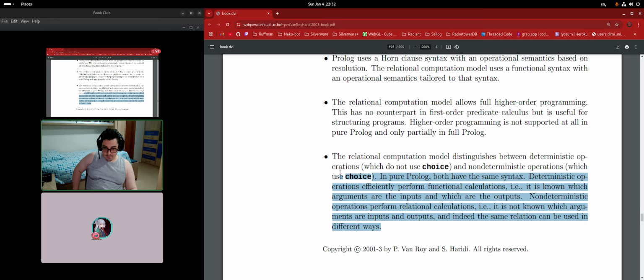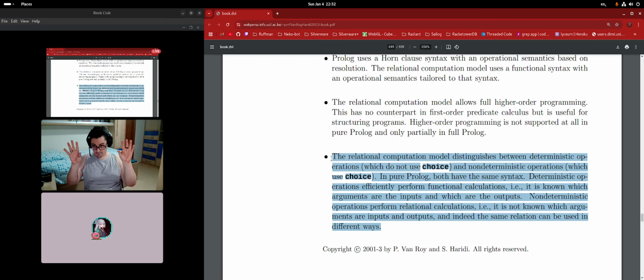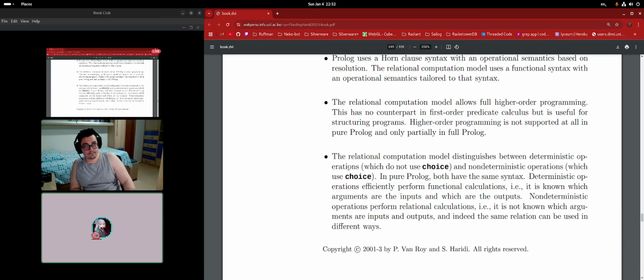But again, this is more of a detail of this particular relational computation model rather than an abstract difference between relational and logical. Like Mercury allows you to have functions.